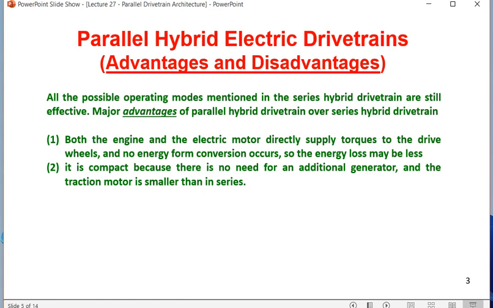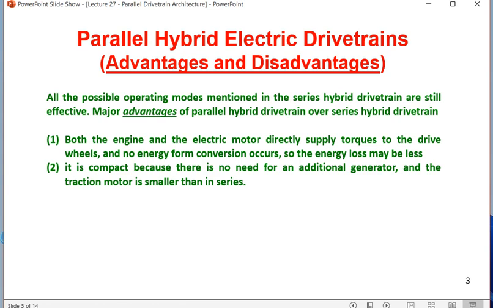As we are avoiding the energy conversion in the primary source, we are actually saving some power, because in the generator in case of series hybrid a lot of power gets wasted. There are two steps of power conversion in case of series hybrid. In parallel hybrid we have avoided the use of the generator, and we are saving some power.